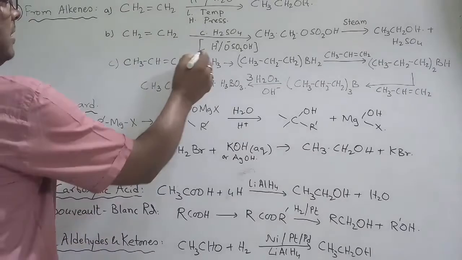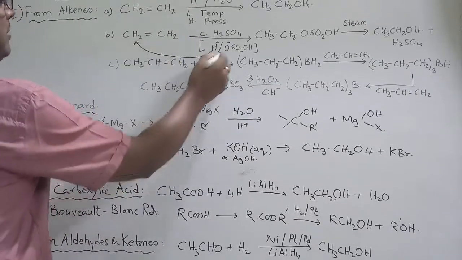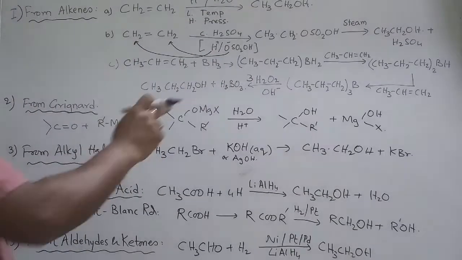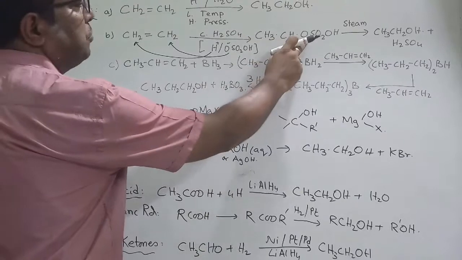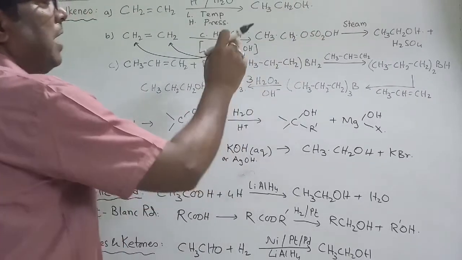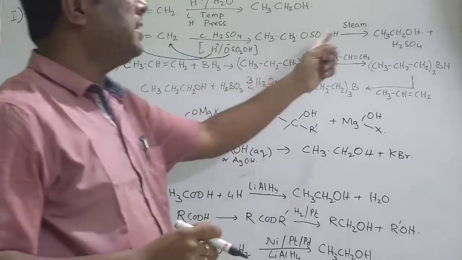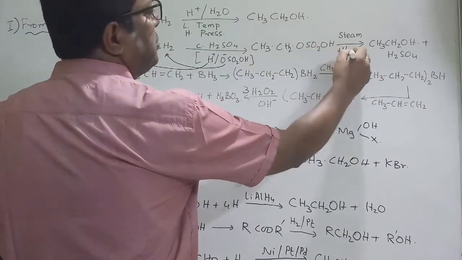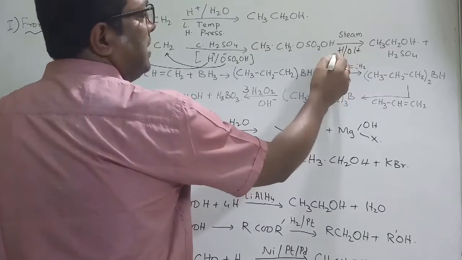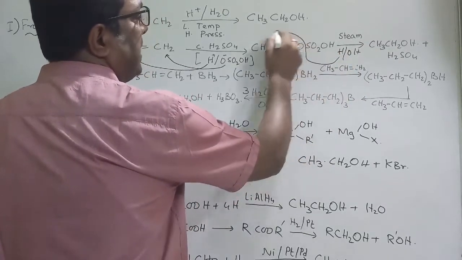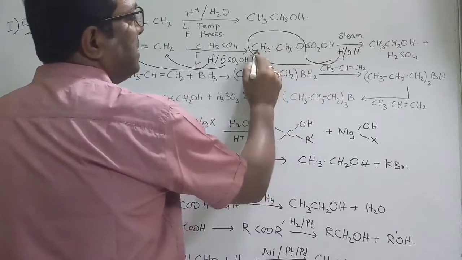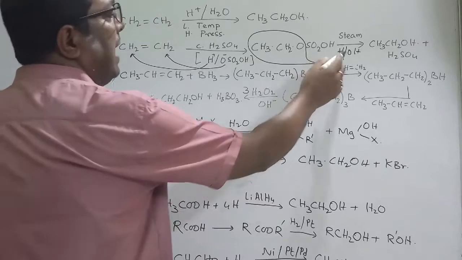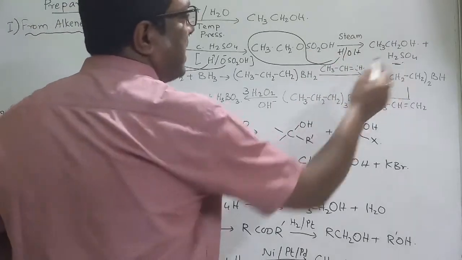The H plus is taken by one carbon, the other part is taken by the second carbon, and it forms CH3, CH2, OSO2OH, and on steam it undergoes a cleavage with the help of steam, HOH. Here you can see this H will be taken by this portion, and CH3, CH2OH comes over here as ethyl alcohol, and again we get back the sulfuric acid.